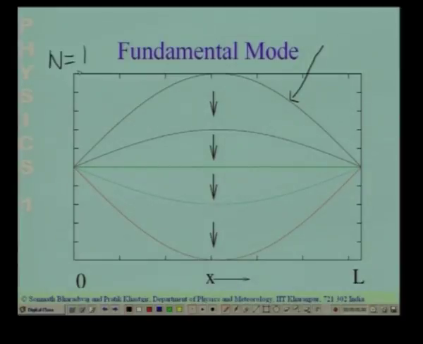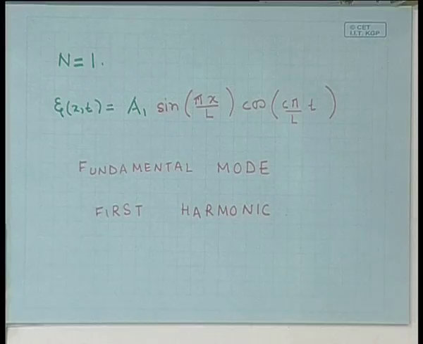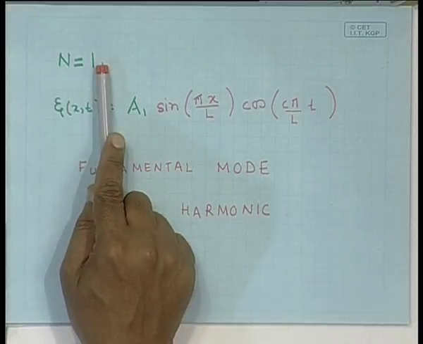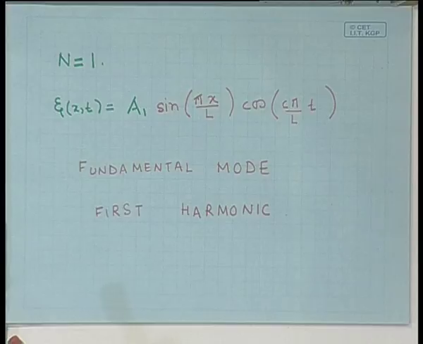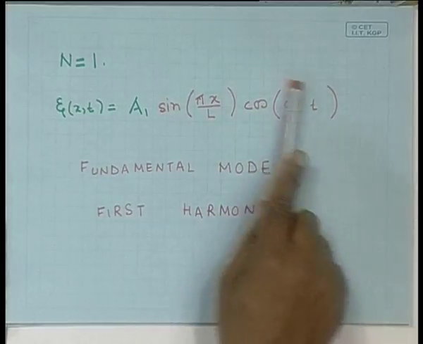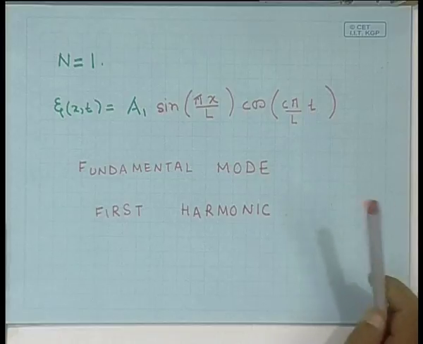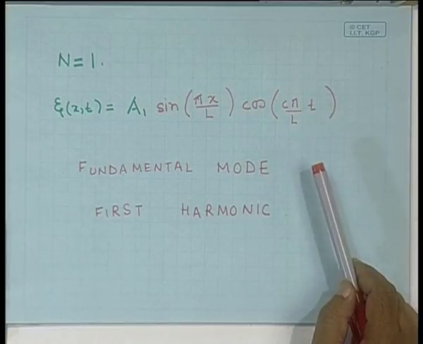Let me repeat again. We have seen that corresponding to every integer you have a different solution of the wave equation. So, we are considering the solution which corresponds to n equal to 1. This solution is given over here. We have set the phase to 0, the phase is decided by the initial condition.